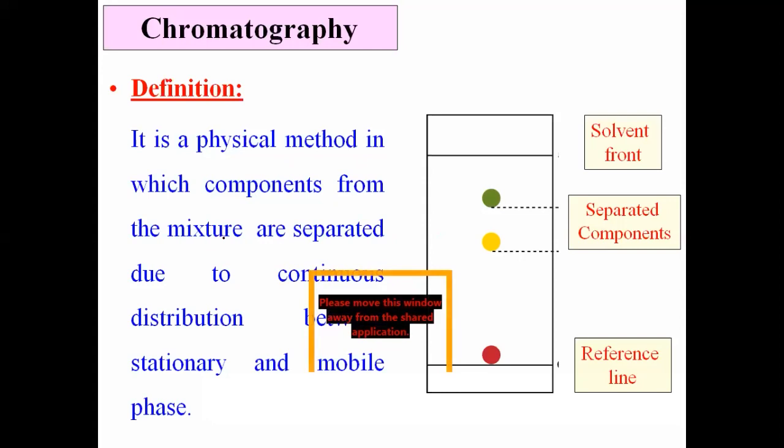In paper chromatography, the organic solvent in the jar is the mobile phase, while the water absorbed by the filter paper acts as the stationary phase, and thus components of the mixture are separated due to distribution between stationary and mobile phase.